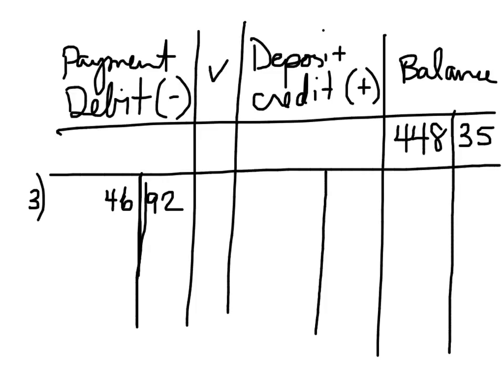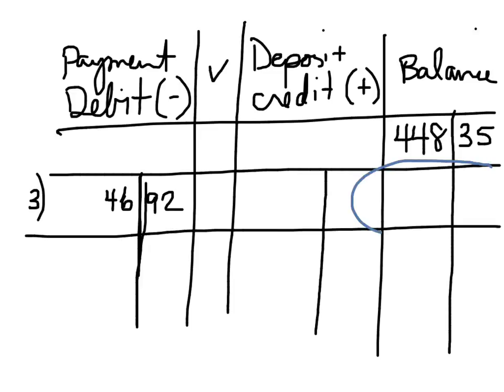So now, from here, what I need to know for number 3 is what should be in this spot right here. So what am I going to do in order to find that spot? The previous balance was $448.35. You wrote a check for $46.92.